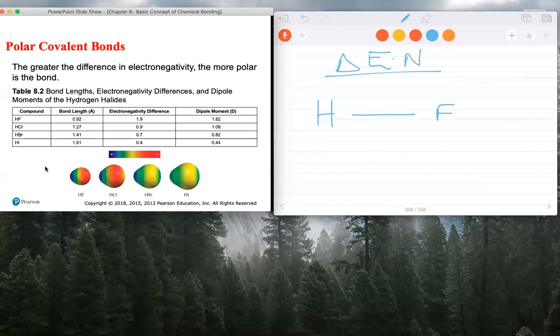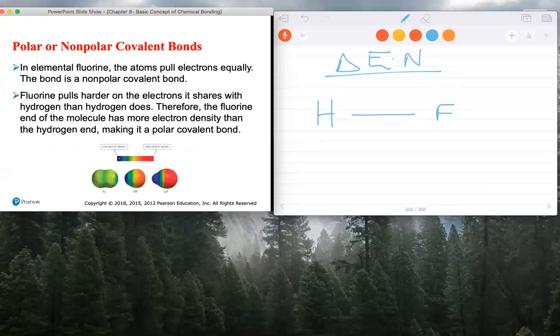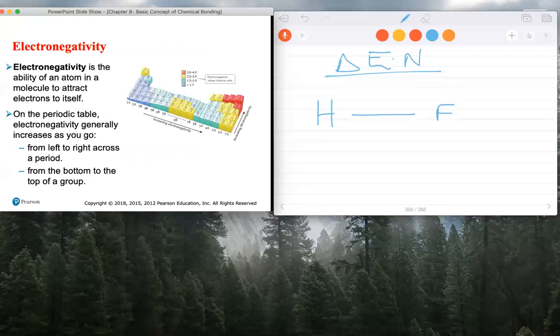This value right here, you'll be given in an exam. For fluorine, it is 4.0. And if I look at hydrogen, this is 2.1.